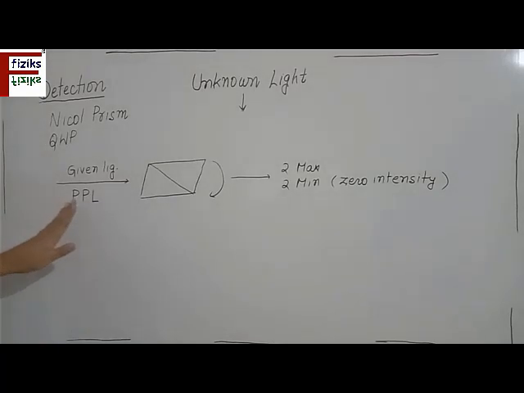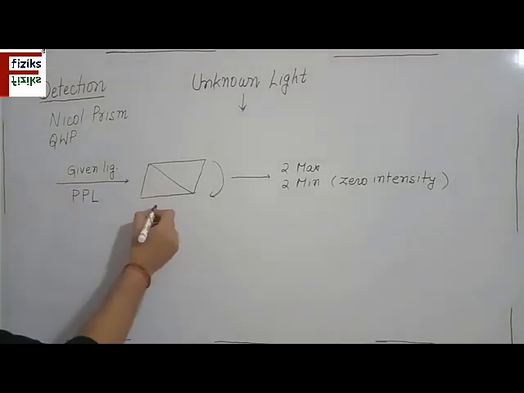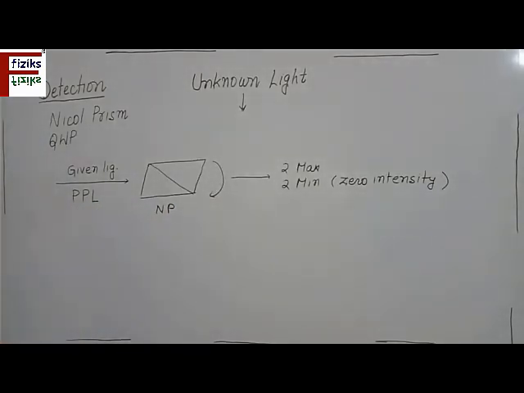How? If this is plane polarized light, then the electric vector of this plane polarized light will make an angle theta with the principal section of the Nicol prism.